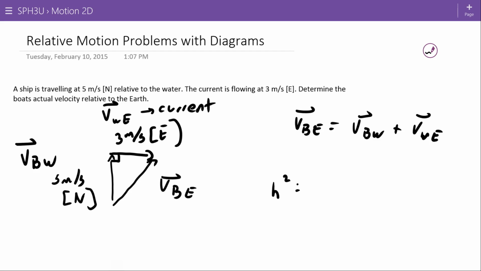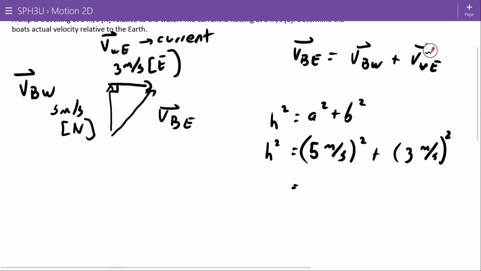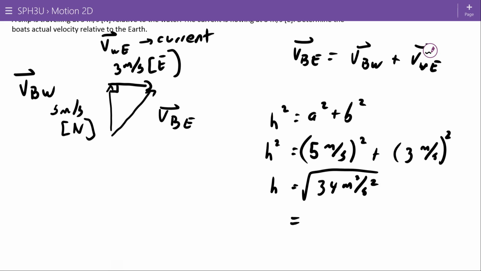So h squared is equal to a squared plus b squared. So we can get a hypotenuse here of 5.83.